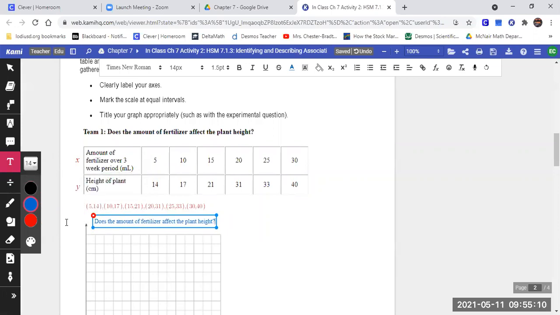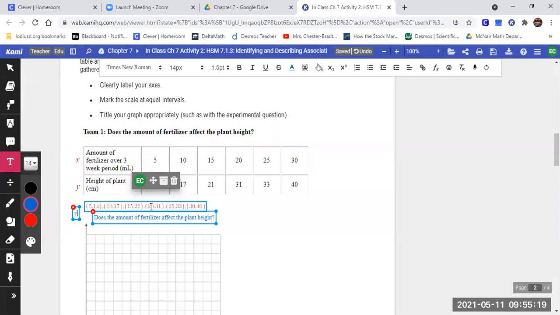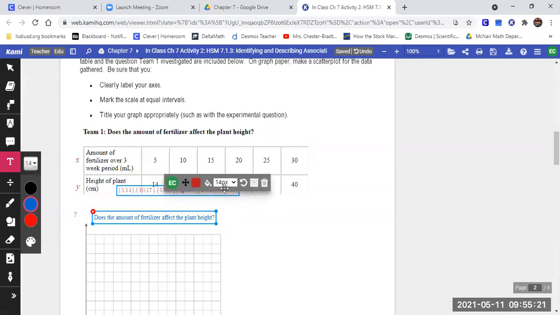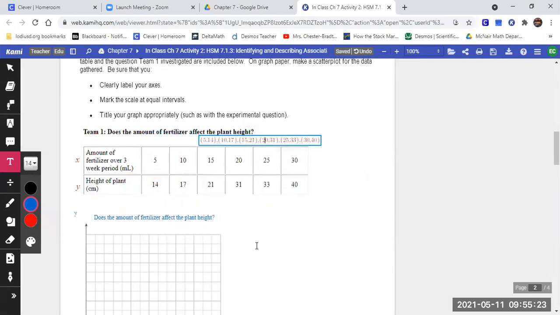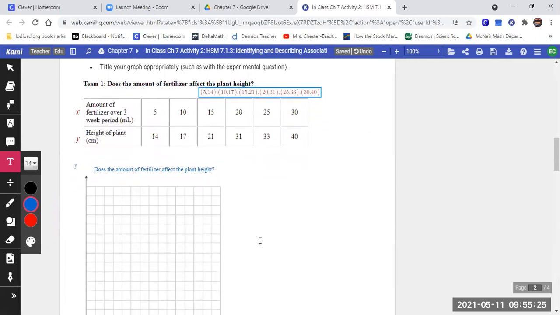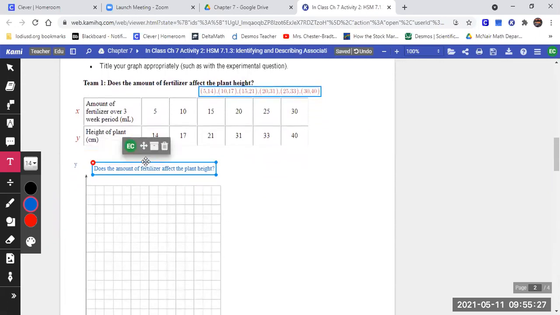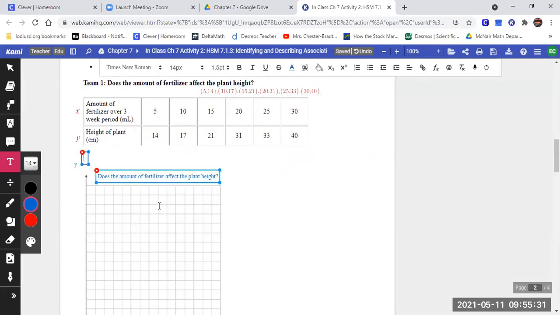Okay. We know that this top line is the Y, right? What does the Y stand for, though? What are we measuring the Y? What is the Y's measurement? I'll put this up, out of the way. What were we measuring the Y's by?